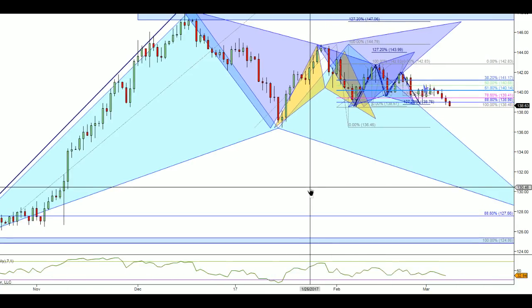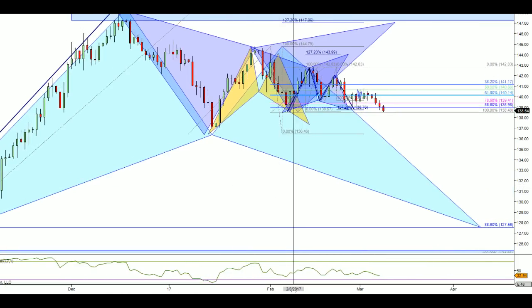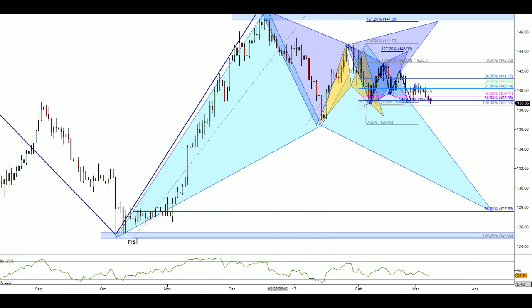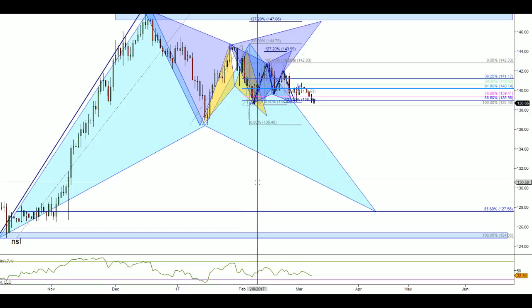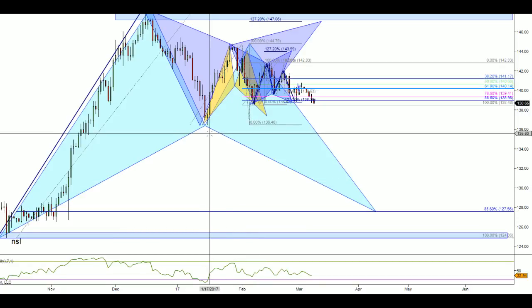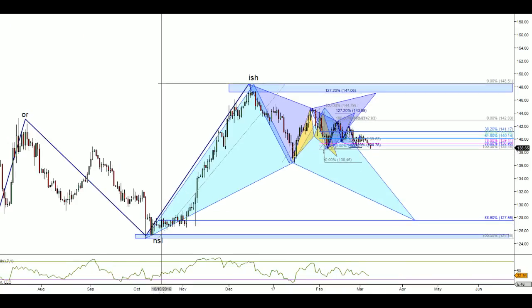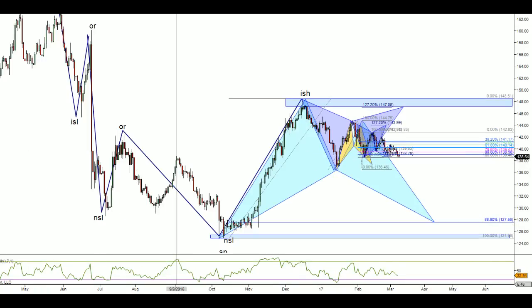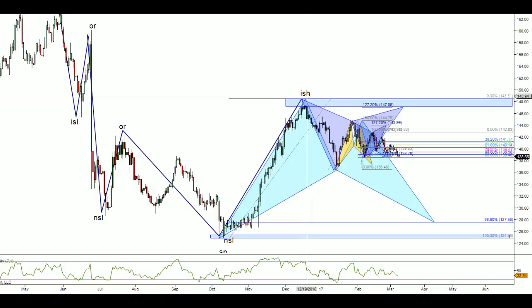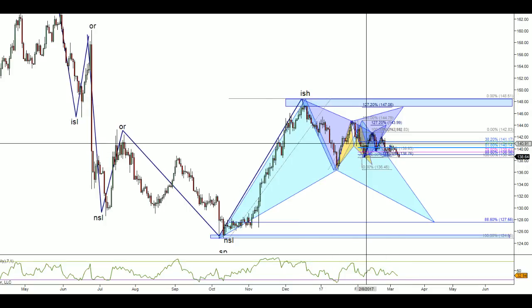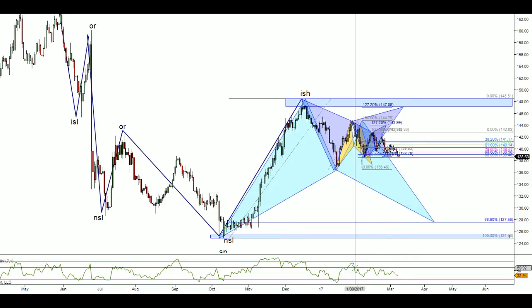Oh, stealing my thunder. Okay, so there's a couple of advanced patterns we had on the pound setting up. So basically, with that being said, the bigger picture: we put in a new structure high right here, which put us in consolidation, and that's why these patterns started forming, because we're in consolidation.